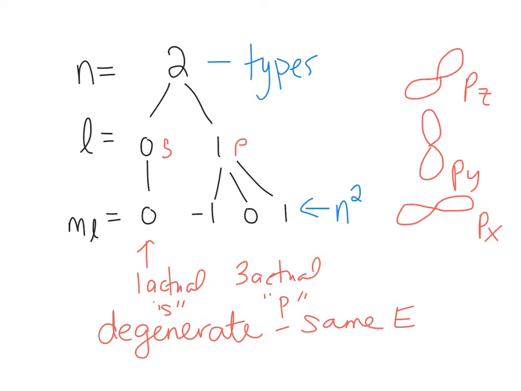We've got one s orbital and 3 p orbitals for a total of 4. So these aren't random facts, they're connected. N squared works because if you add up the number of ml values for each specific orbital.